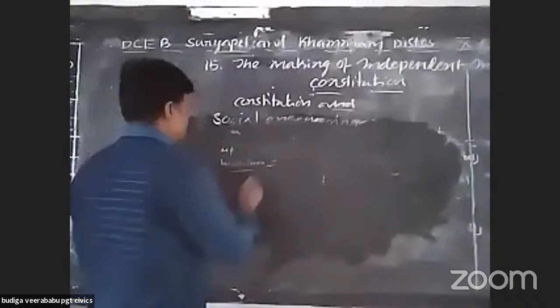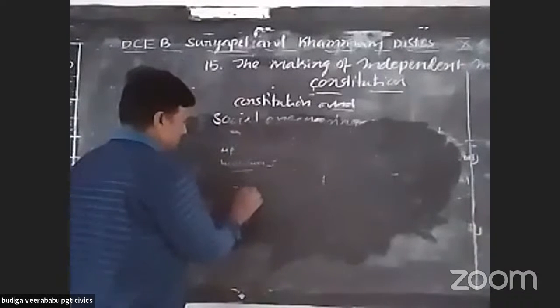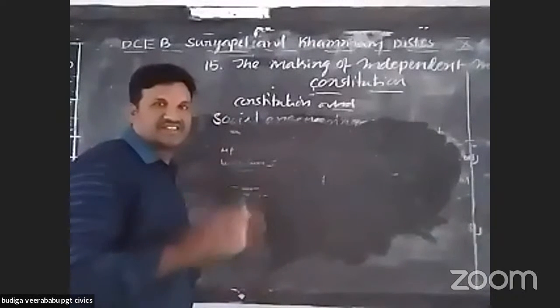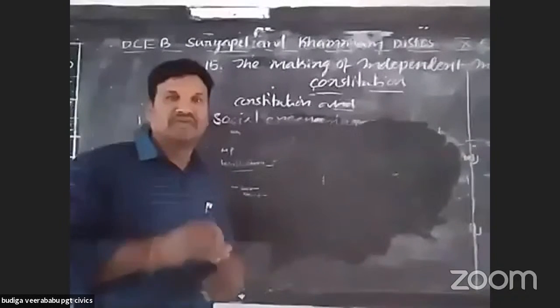The reservations were introduced by the state government in local self-government. For example, Gram Panchayat, Sarpanch, ward members, with reservations for SC category, ST category, BC category, and fourth, women category also.